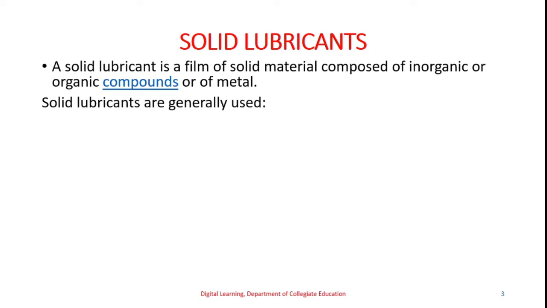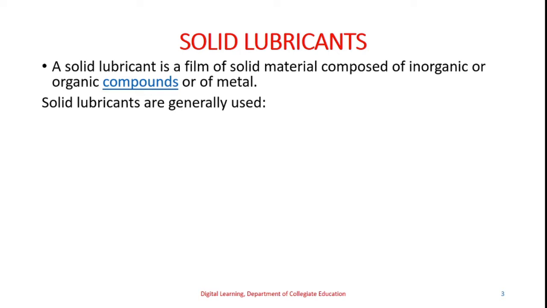Low spots on the surface of moving parts are filled by these lubricants, which then form a solid film having low frictional resistance. The usual coefficient of friction between solid lubricants is between 0.005 and 0.01.